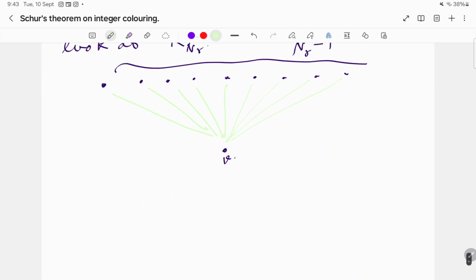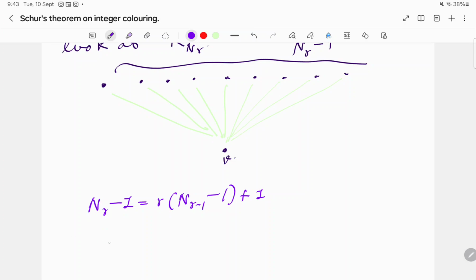Now let's calculate what is N_R minus 1. N_R is R times N_{R-1} plus 2, so N_R minus 1 is R times N_{R-1} plus 1. Now these many vertices are connected to V by a single edge, right? Then these edges are colored by R colors. So these edges are put into R color baskets.